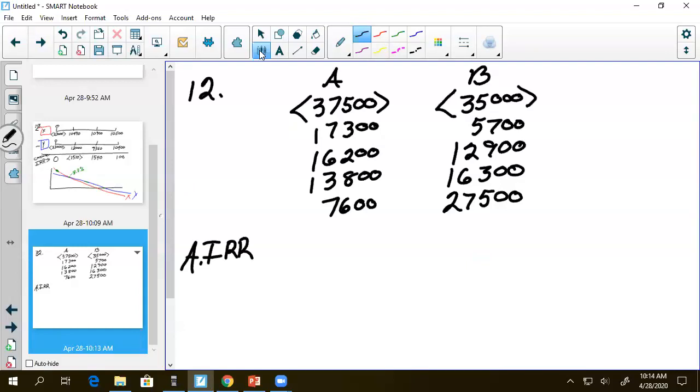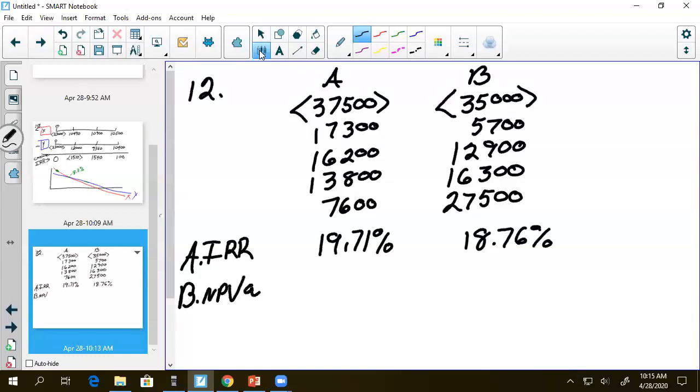So what's the internal rate of return for project A? I got 19.71. Yes. Okay. 19.71%. Okay. What is it for project B? I got 18.76. Okay. All right. B says, what's the net present value at 11%?